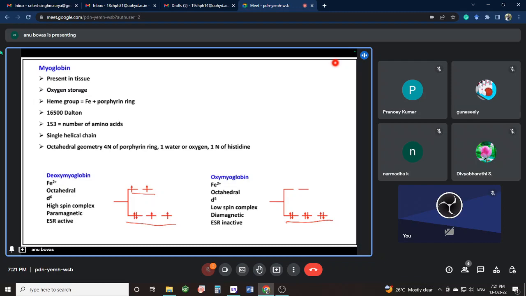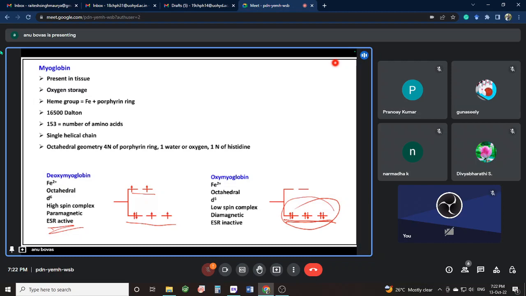One will be ESR inactive because all the electrons are paired, and ESR needs an unpaired, single electron, so since all electrons are paired here, it will be ESR inactive, and the other will be ESR active. And one more thing is that oxygen will be attached in the superoxide form, O2 minus, whether it is myoglobin or hemoglobin, in both cases. These many things are important regarding myoglobin.